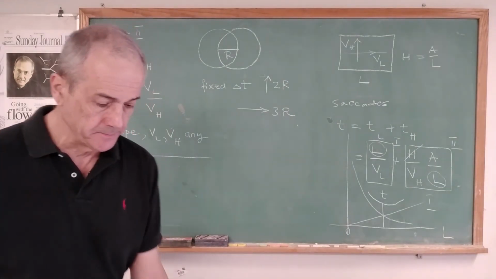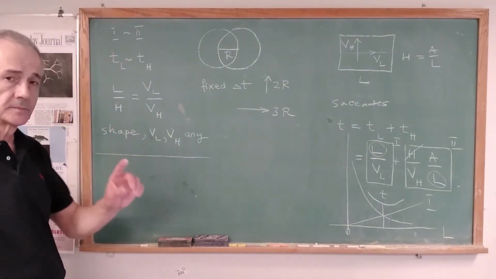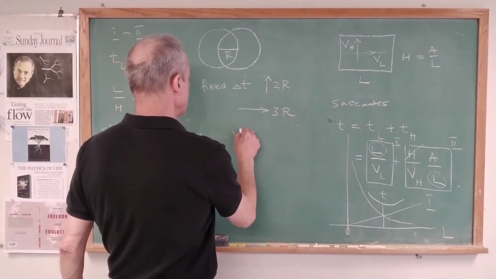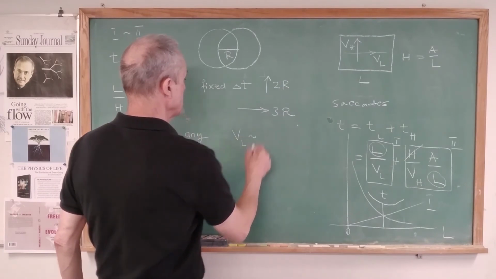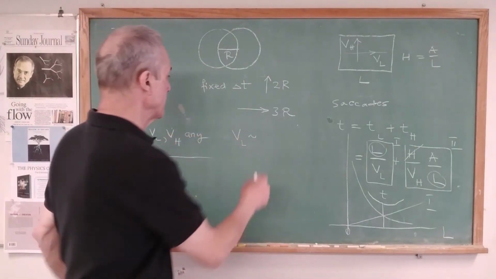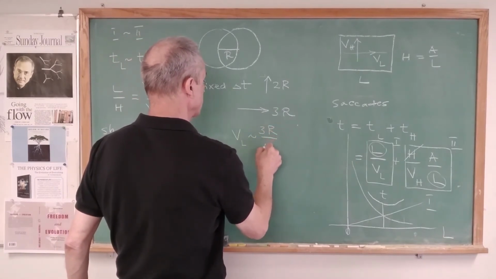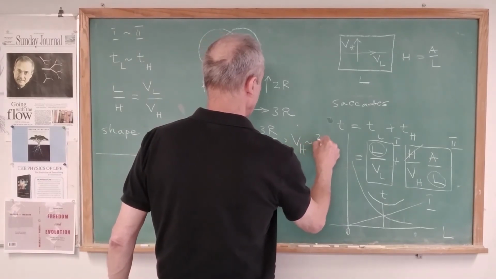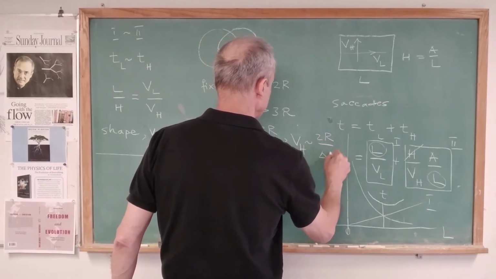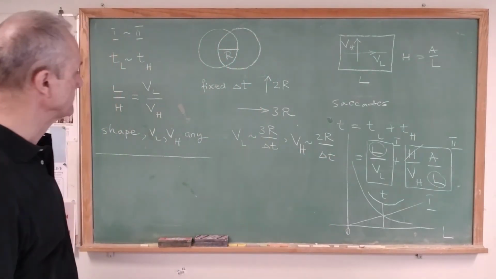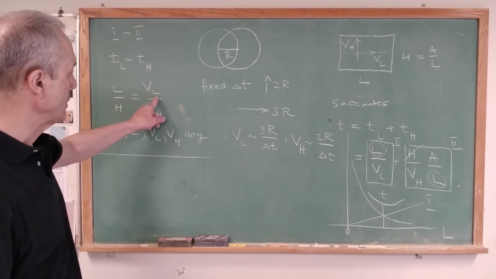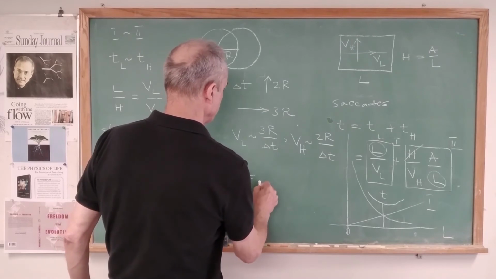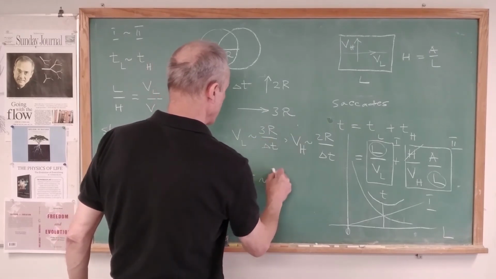And that means that the speed, this is for the fixed time interval delta t, the speed VL is 3r over delta t, and the speed VH is 2r over delta t. Meaning that this ratio of VL over VH is of the order of 3 over 2.